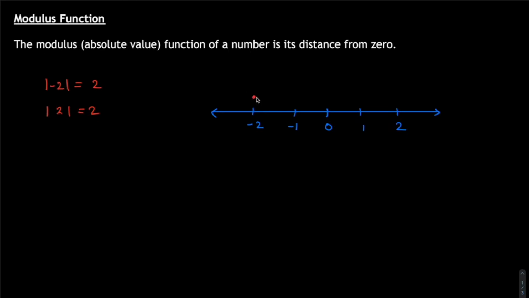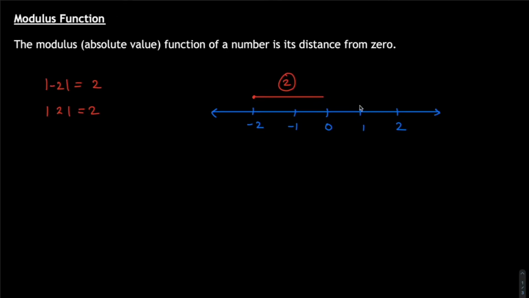If I want to find the distance between -2 and 0, I can just count the number of steps: 1, 2. So the distance is 2 units, and I can say the absolute value, or modulus, of -2 is 2.